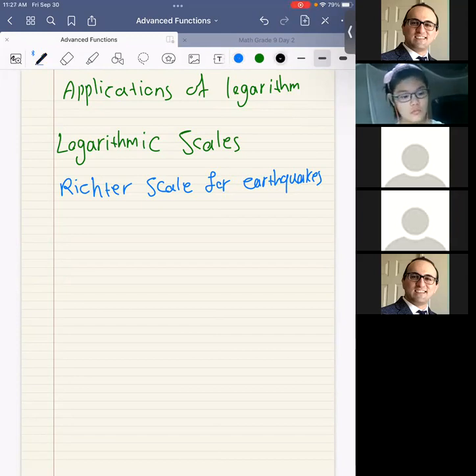We use a logarithm with base 10 to measure the intensity of the earthquake.